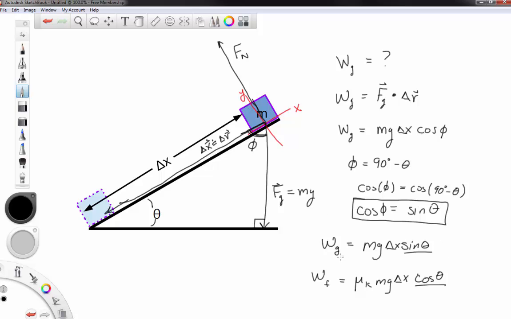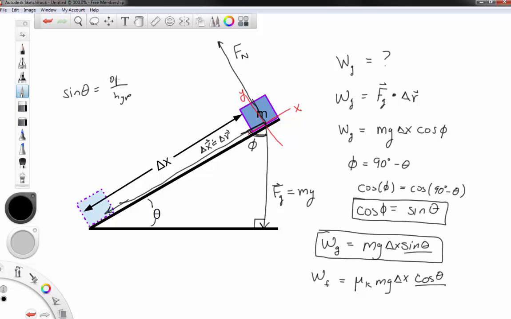But to further this answer, let's look at this term here, the gravity term. If we take delta x and multiply it by the sine of theta, or by the cosine of phi, either way, the sine of theta is going to be opposite in the numerator and hypotenuse in the denominator.